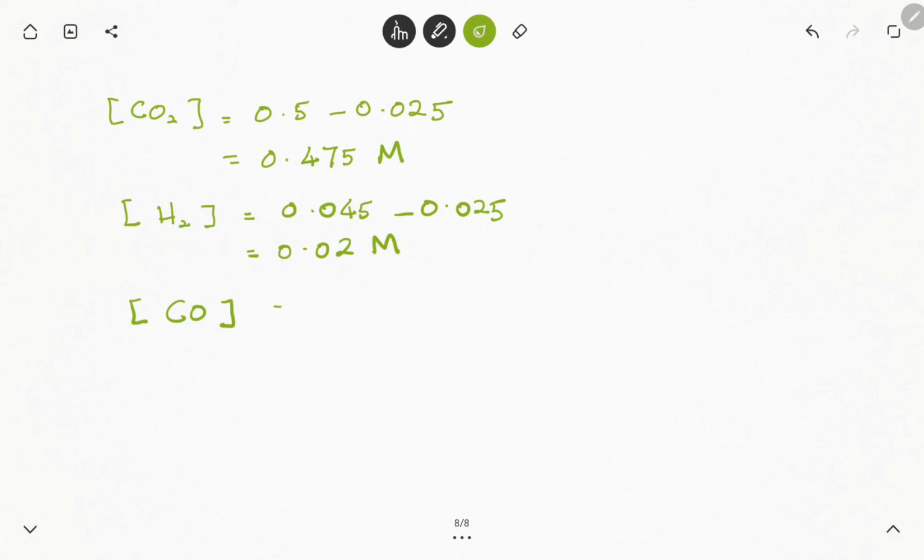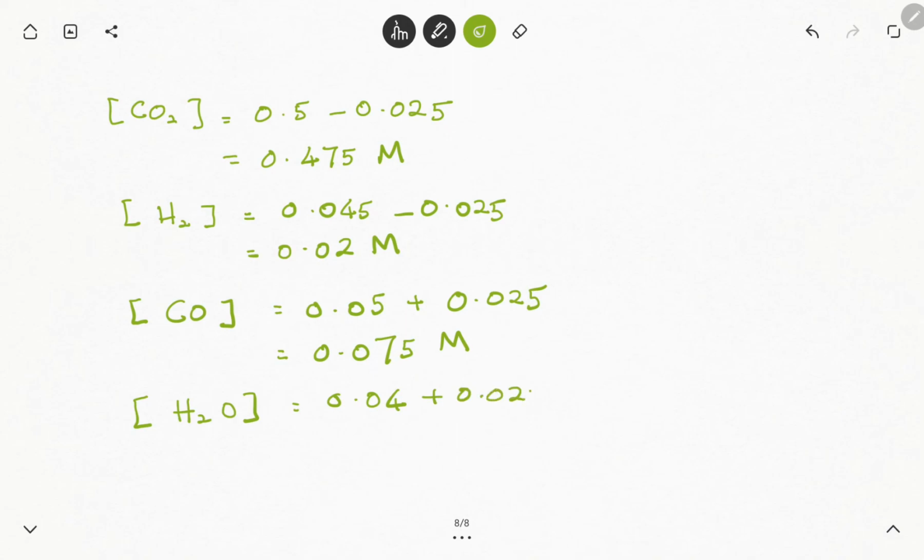The concentration of CO, carbon monoxide, is 0.05 plus 0.025 equals 0.075 molar. And last one, the concentration of H2O, 0.04 plus 0.025 equals 0.065 molar. So we get the concentration at equilibrium for all gases in this reaction.